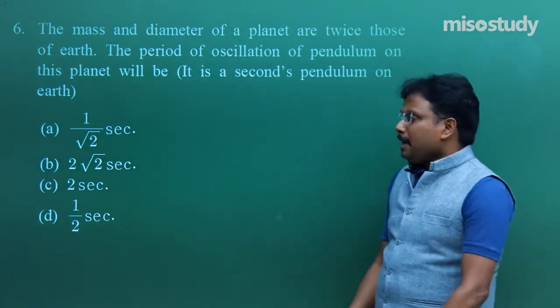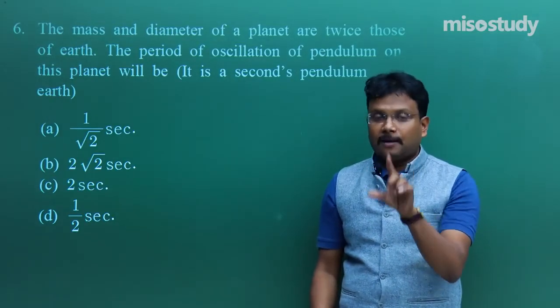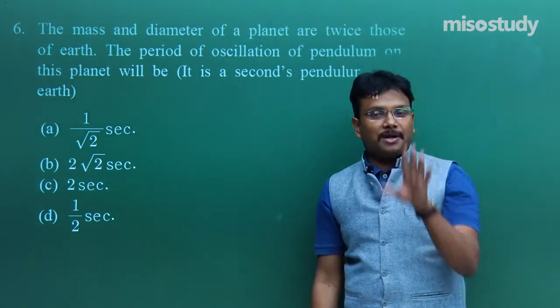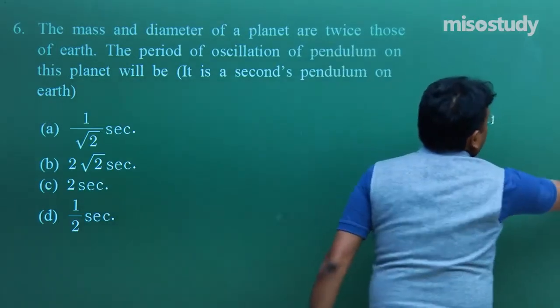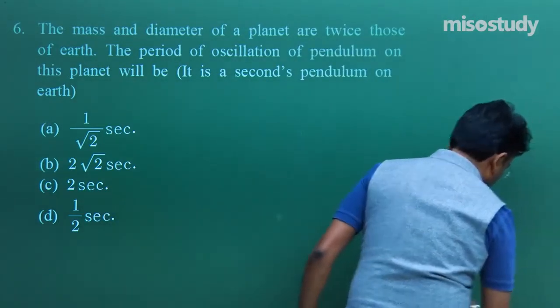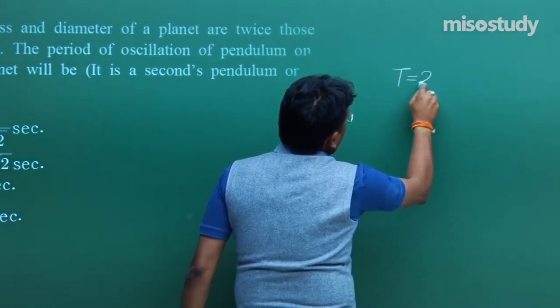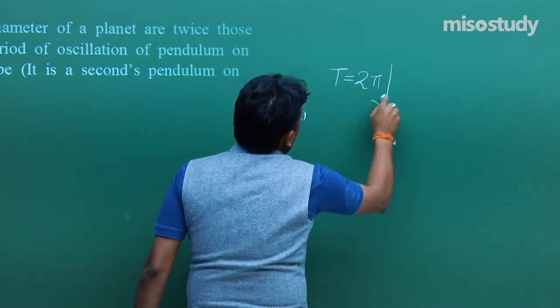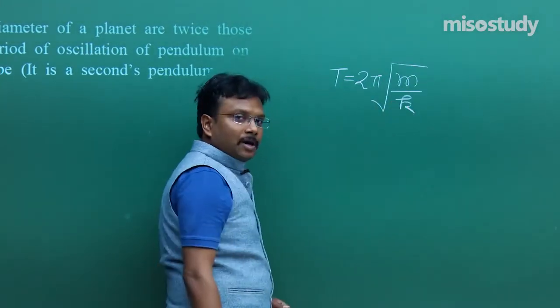Fine. But if it is a mass spring system, please try to understand. If it is a mass spring system, then the formula used is T is equal to 2 pi under root m upon k.